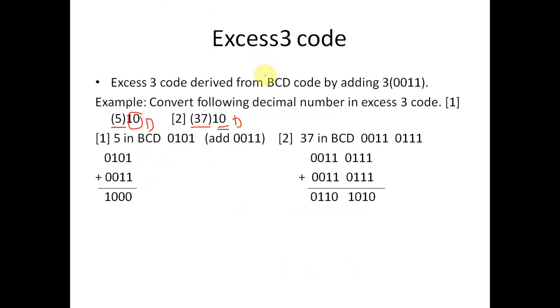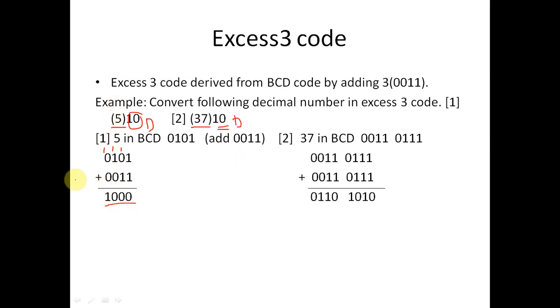Then add 3. 3 is nothing but 0011. Adding both numbers, 1 plus 1 is sum 0 with carry 1. Again 1 plus 1 is sum 0 with carry 1. And 1 plus 0 is nothing but 1. This is the XS3 code.